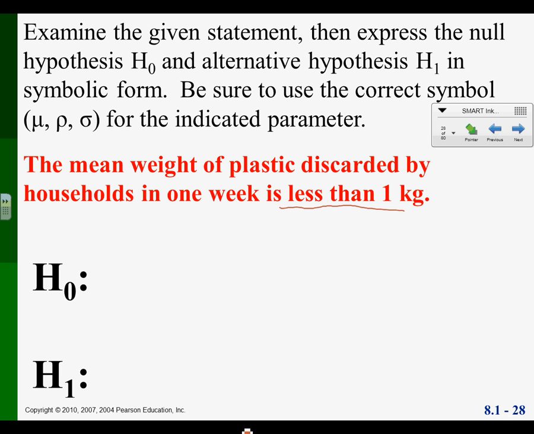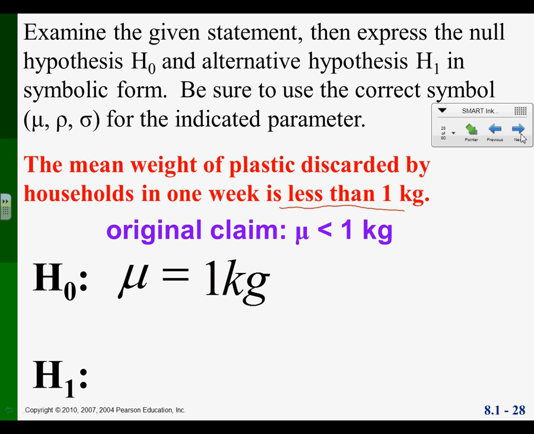Not equal to. That covers every number except the claim number. The less than only covers some numbers. The greater than only covers some numbers. The not equal to is a very powerful alternative hypothesis. So the wording is very important.